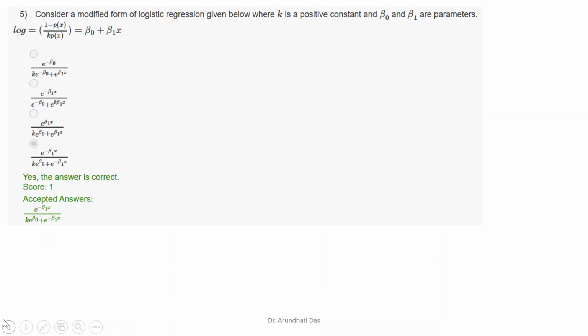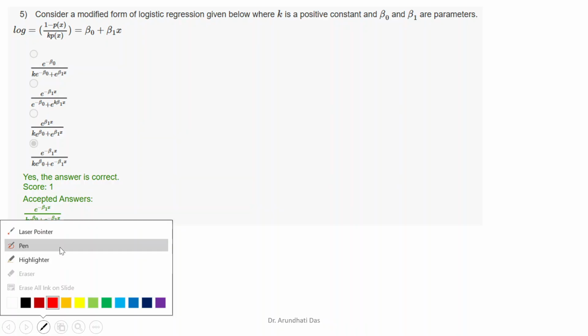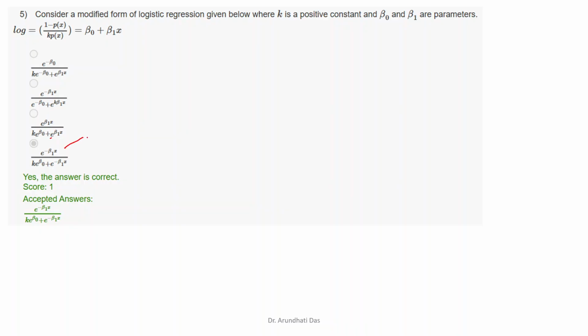Consider a modified logistic regression given below, where k is a positive constant and beta naught and beta 1 are parameters. In this question a little typo is there.